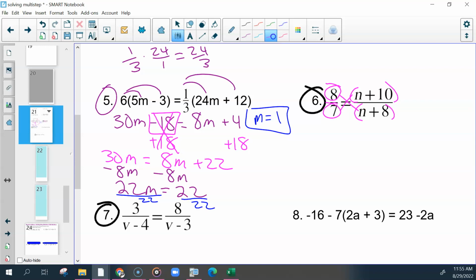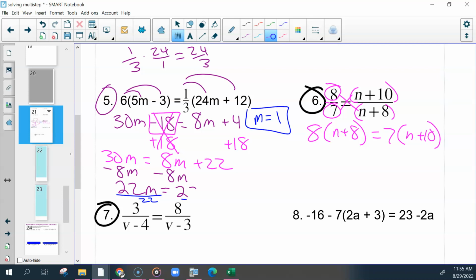And when we do that, we're going to rewrite it. Does not matter if I put the 8 and the n plus 8 on the left, on the right, that part does not matter. But I'm going to put whatever has a multiple in parentheses. And again, if you switch those to the 7 and then in parentheses n plus 10 is on the left, that's okay.